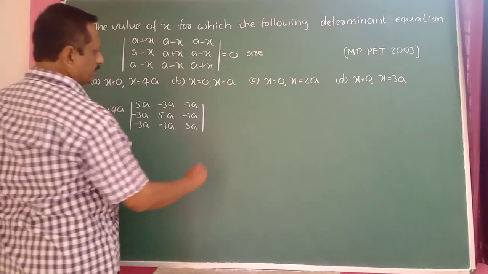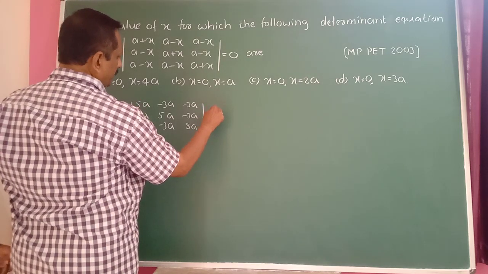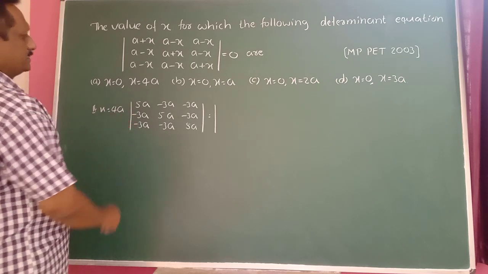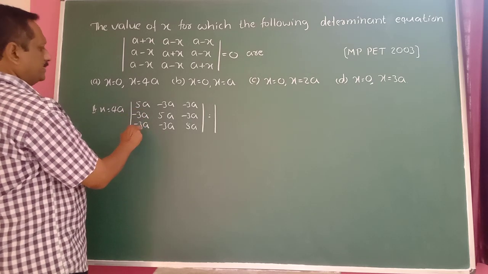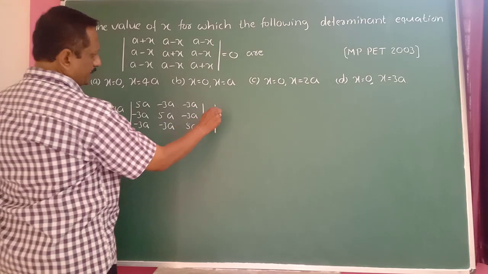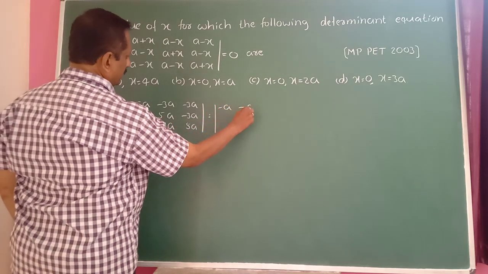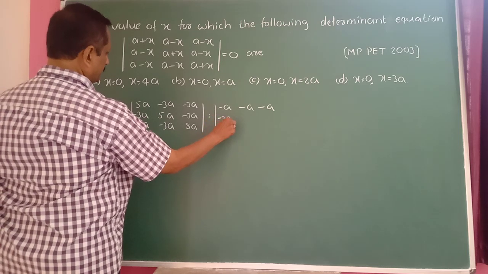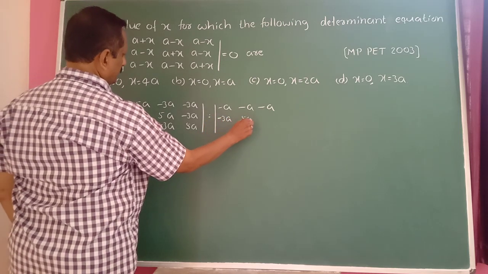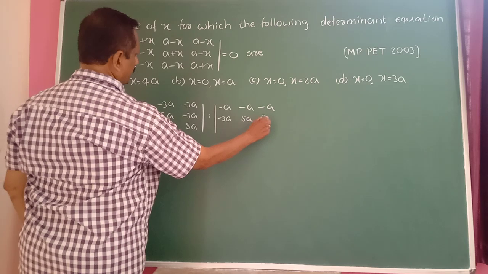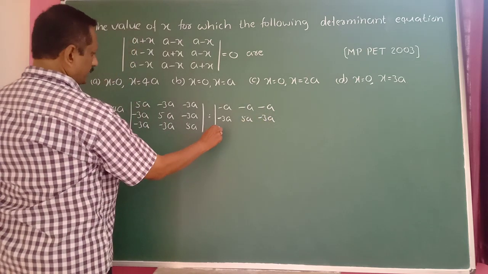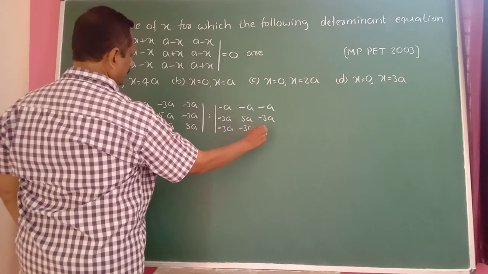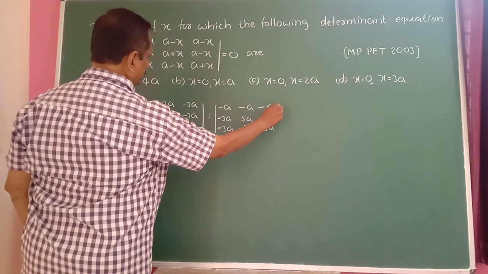If you add it here, it gives 5a minus 6a, which is minus a. Then minus 3a, 5a, minus 3a, then minus 3a, minus 3a and 5a is there.